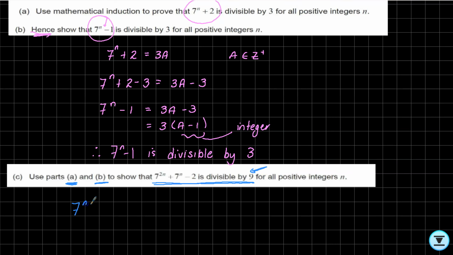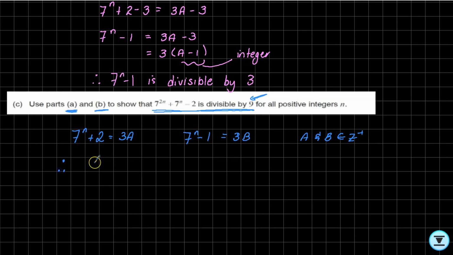It's saying that 7 to the n plus 2 was divisible by 3. And then we proved that 7 to the n take 1 was also divisible by 3. So I'm going to call it 3b. A and B were integers. And can you see again, 3 times 3 gives you the 9.